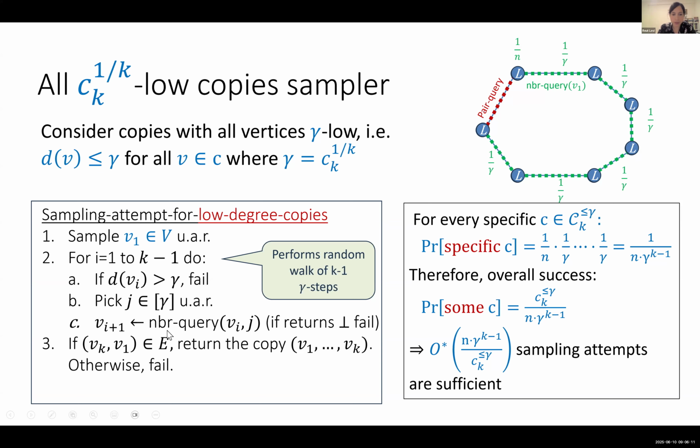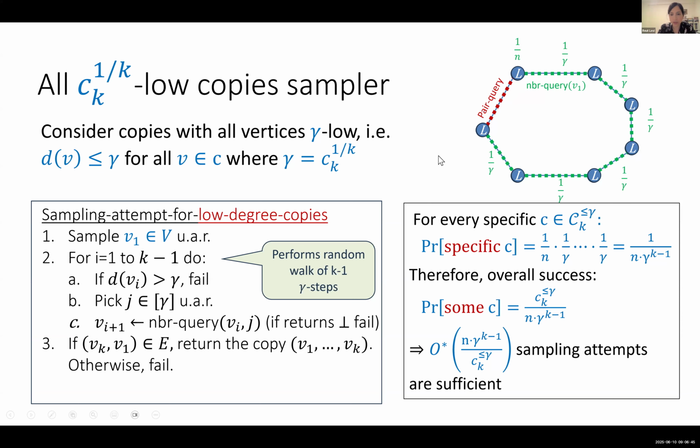If the neighbor query returns a vertex, which we denote by Vi plus 1, which is also gamma low, then we proceed to the next iteration. And finally, after making k minus 1 such steps, we perform a pair query between the first vertex V1 and the last vertex on the path Vk to see if the path closes a cycle with V1.